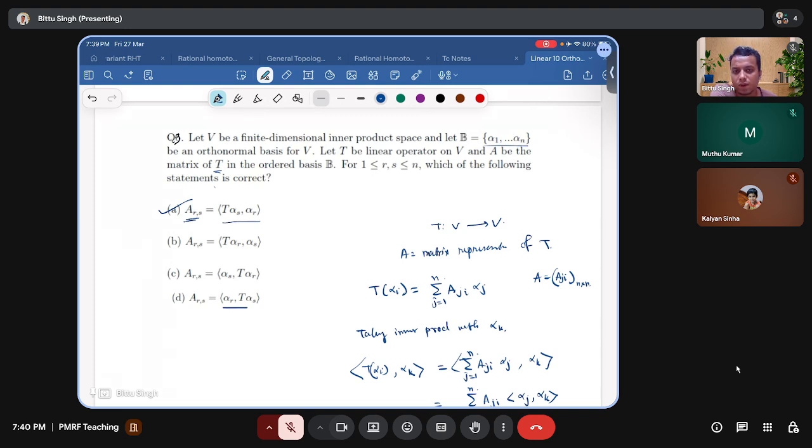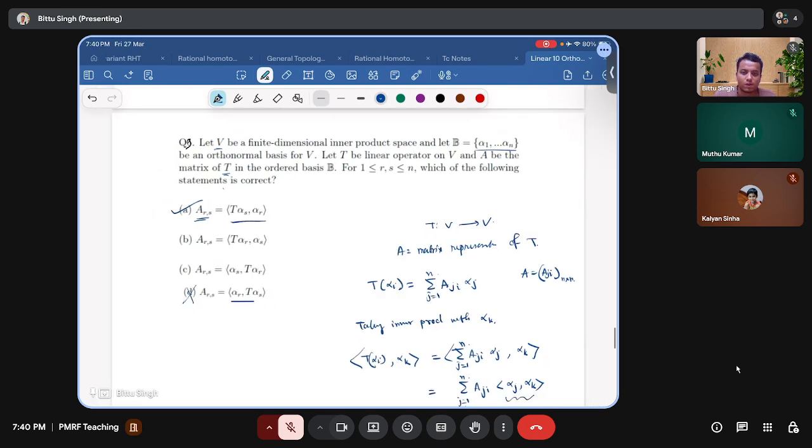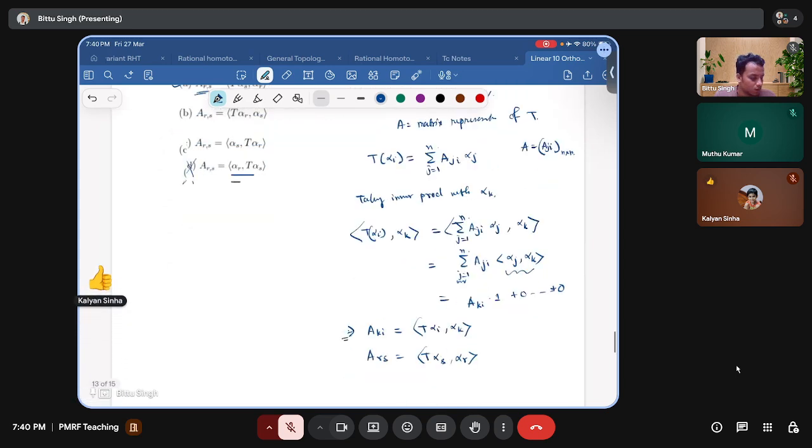So if we assume V is a vector space over complex numbers, then A is correct but D is not correct, because this is the conjugate of this. So A is the only correct answer. Is it clear to all of you? Great.